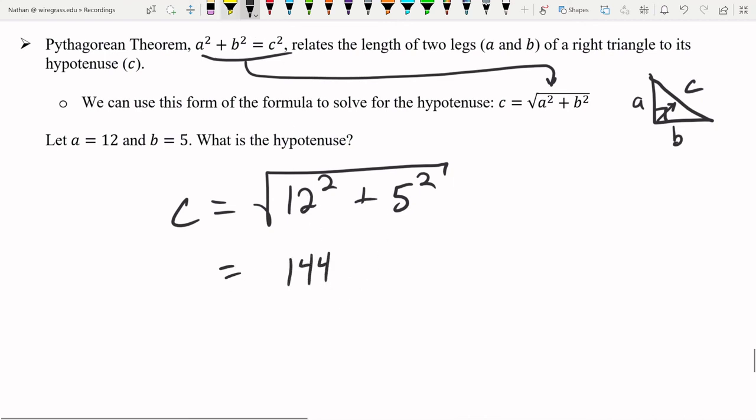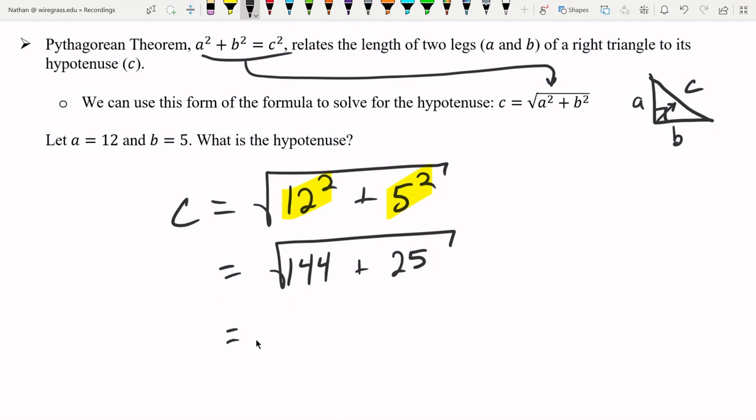I have to do these exponents first before I can do anything else. 5 squared is 25. The square root symbol is a grouping symbol. That means I need to do the addition first before I can do the square root. 144 plus 25 is 169. And the square root of 169 is 13.